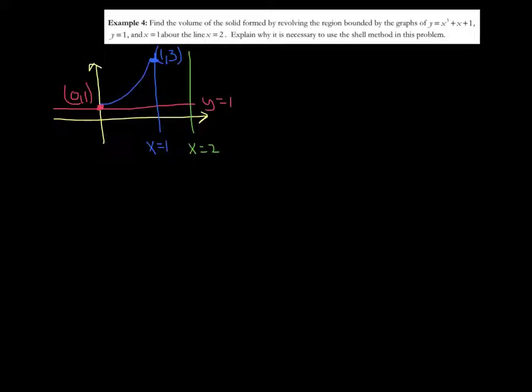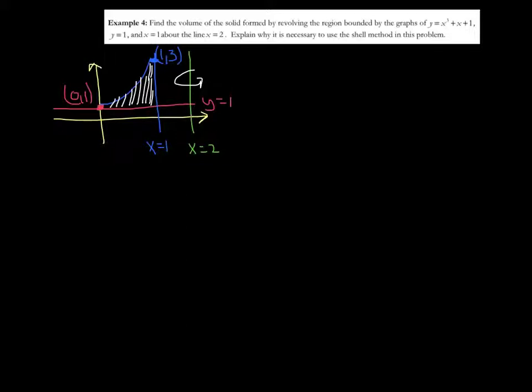All right, and so what is the region that we are interested in rotating? It's going to be this region right here. And we're interested in rotating that region around the line x equals 2. For argument's sake, let's say you want to use the washer method.